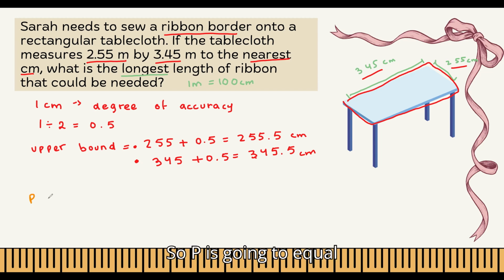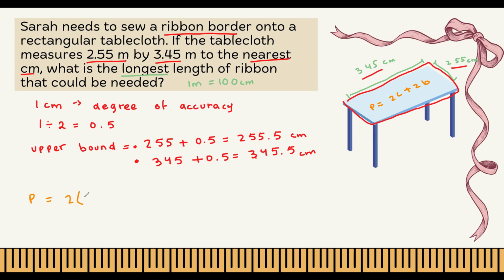So P is going to equal, because it's a rectangle, the perimeter is going to equal 2L plus 2B. 2 times length plus 2 times B, because we have two breadths of the same length and two lengths of the same value.